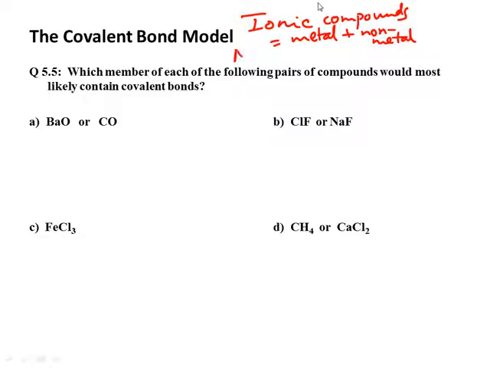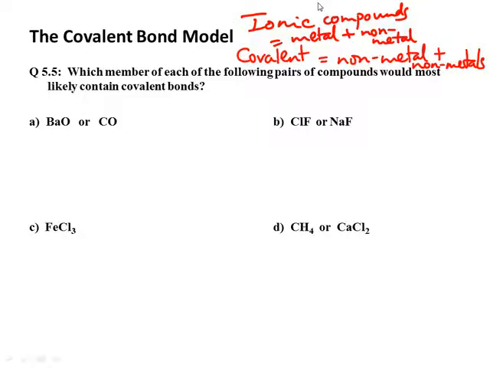Whereas covalent compounds or covalent bonds are made when non-metals combine with other non-metals. So please do remember, I have said this a couple of times already, but I'll say it one more time, ammonium is something that you do have to watch out for.